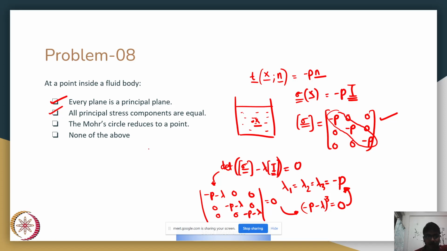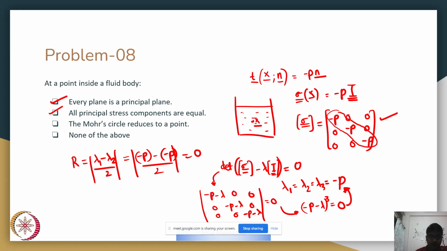And the third question is Mohr circle reduces to a point. So in Mohr circle, the radius would be mod of lambda 1 minus lambda 2 by 2. But since lambda 1 and lambda 2 are both equal to minus p, you essentially end up with 0 radius. So your Mohr circle with a radius r has essentially shrunk down to a single point.